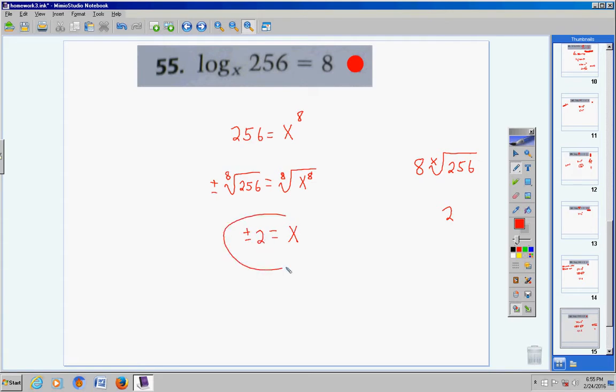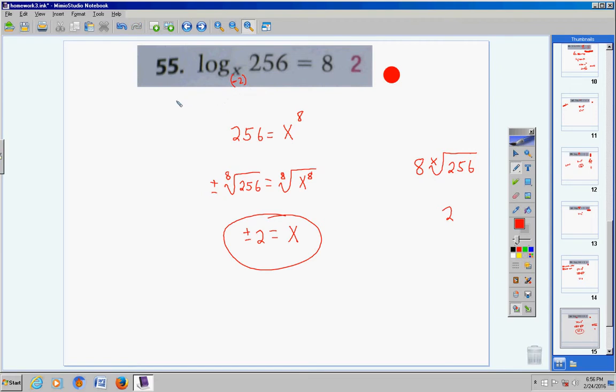So there's your answer. You know what? Maybe that's our answer. Let's see if it is, because look at the answer up here. It says just 2. Well, let me show you why. An argument can never be negative, so when you go to check your answer, you can definitely put a 2 here. That's fine, but negative 2 does not work, because now you have a negative base.